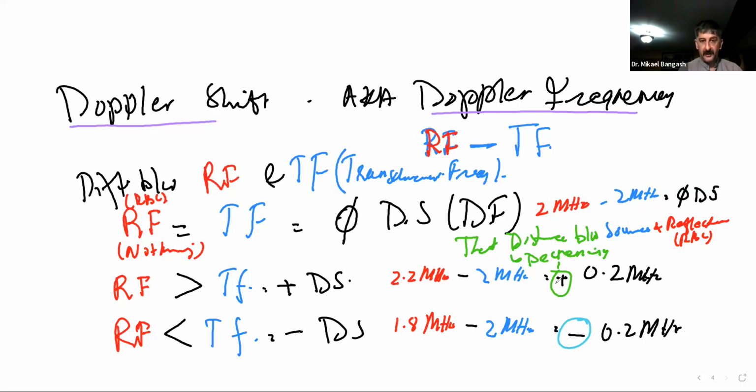Whereas the opposite is going to happen when we talk of a negative Doppler shift. So what is a negative Doppler shift?